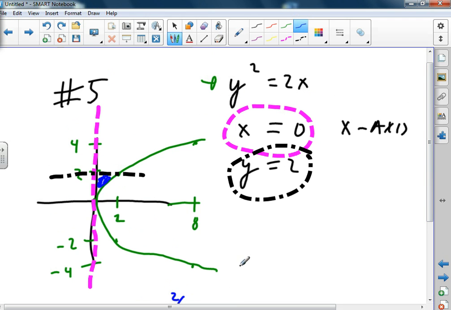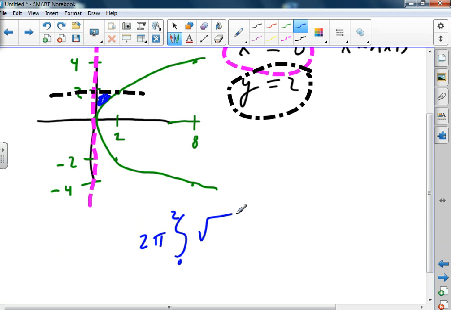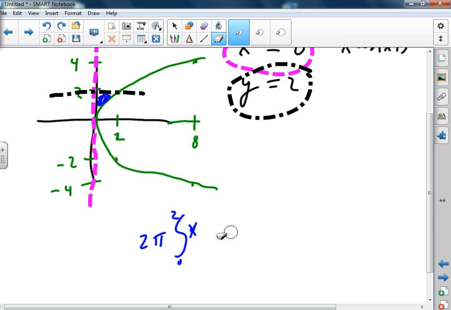So y is the square root of 2x. No, the radius. The radius is y. The height. How high is this guy going to be?